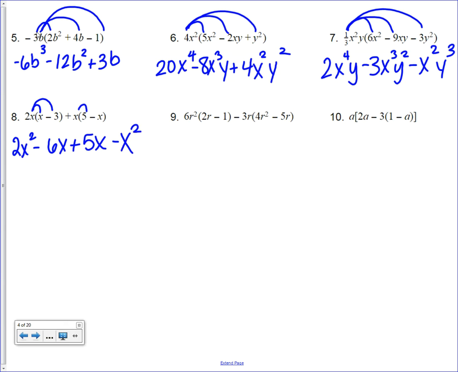Correct. Now, do any of those go together? Yes. How many x squareds do you get? Yep. How about your x's in the middle? Got it. How is everybody with that final answer? Do you see how we actually could put stuff together there? Yes? Okay, back to the beginning.